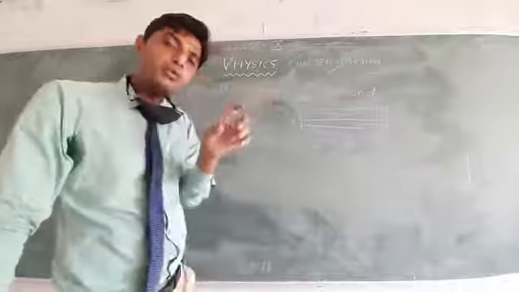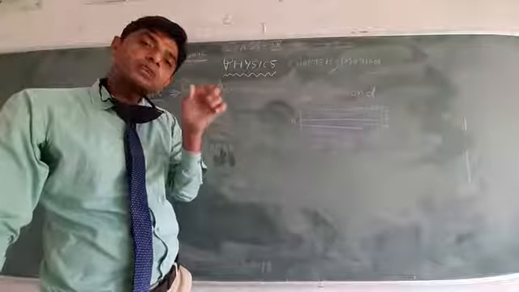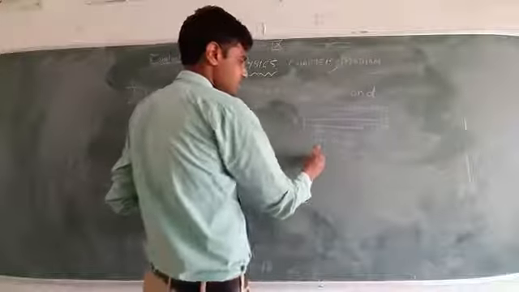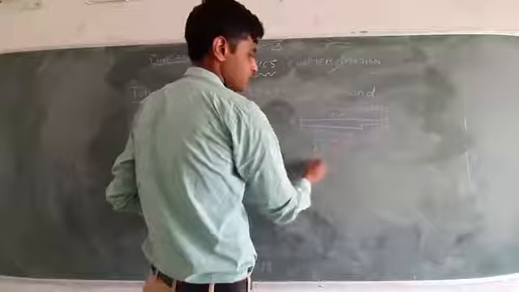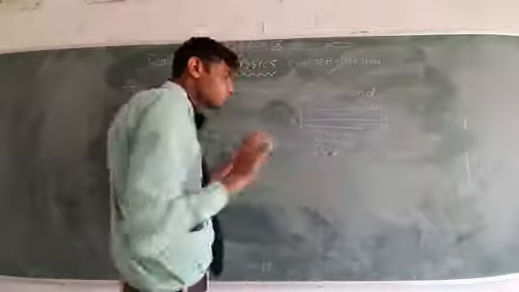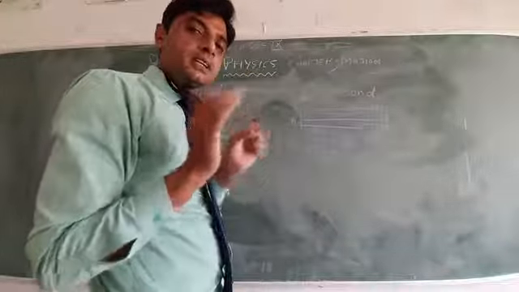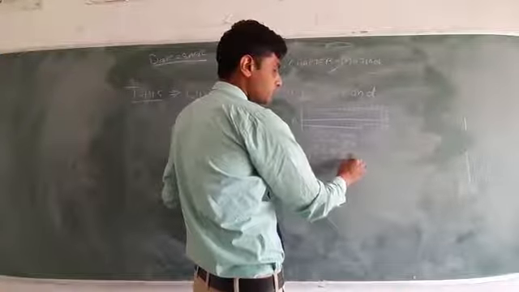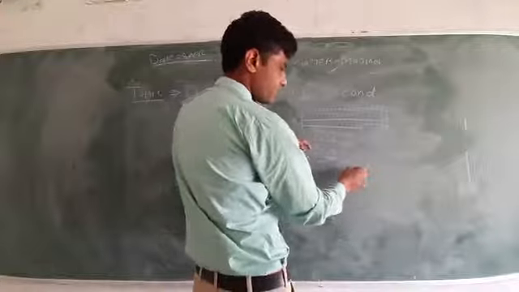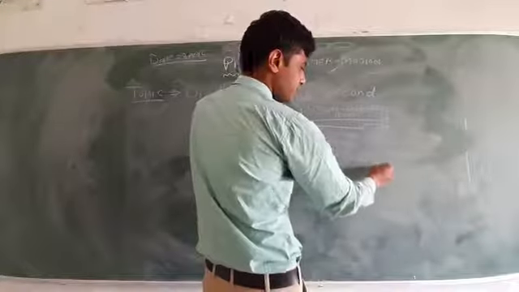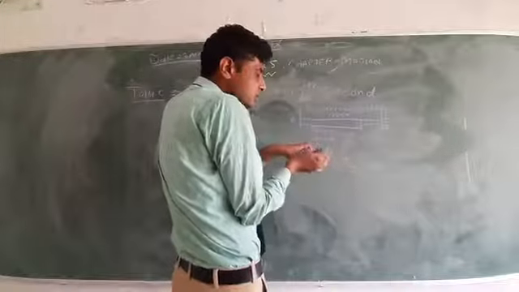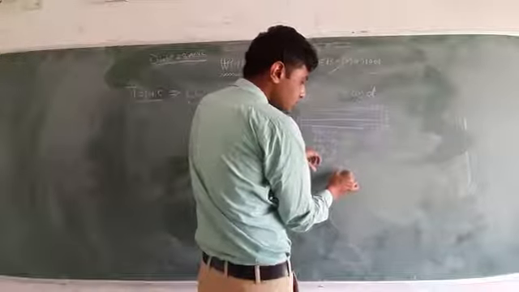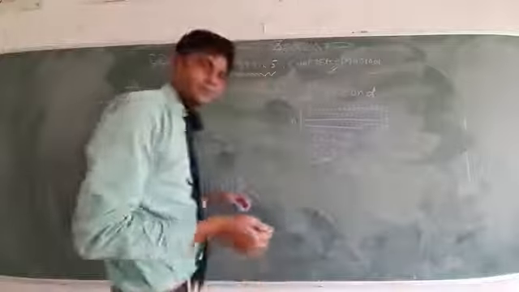But if we have to find the displacement or distance in the 15th second, we have to find the distance travelled between the 14th and 15th second. It means the distance travelled by the object after the 14th second.